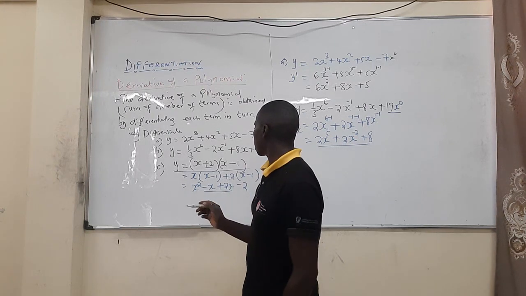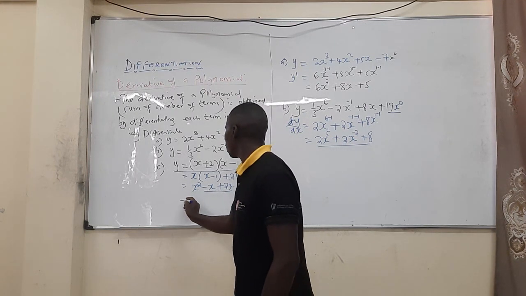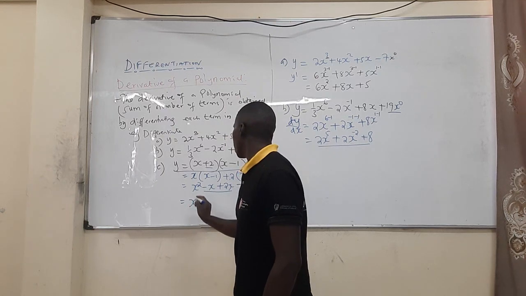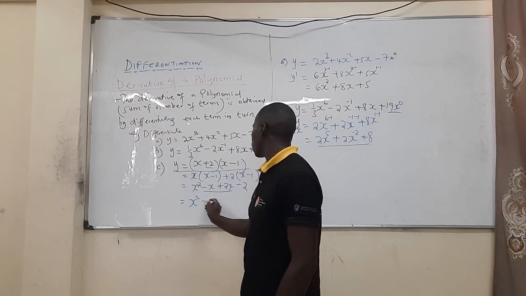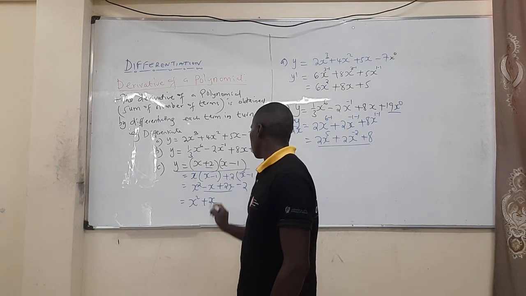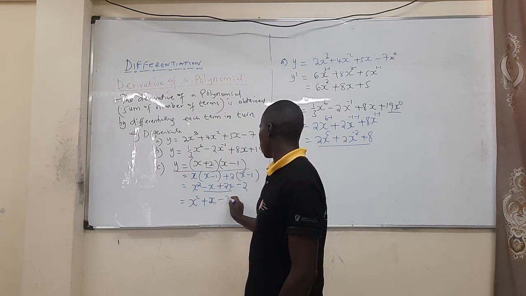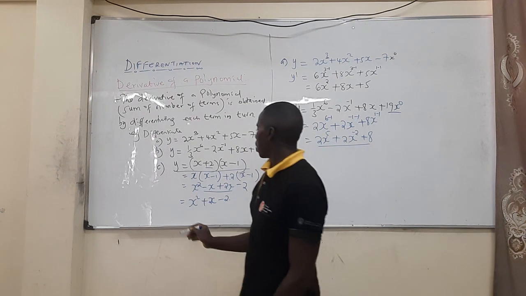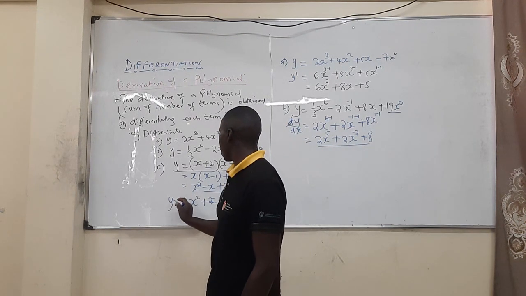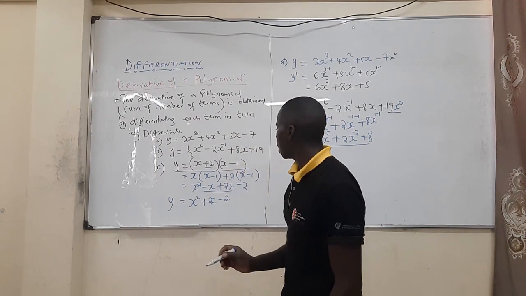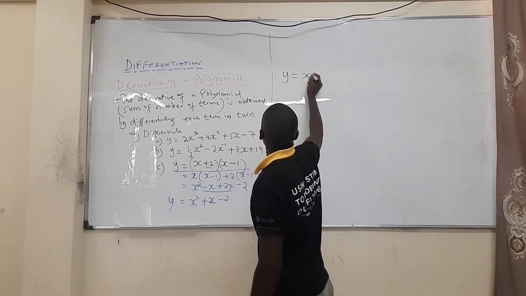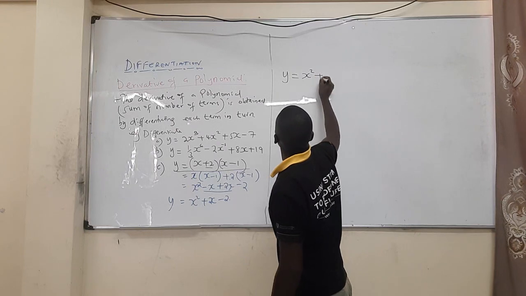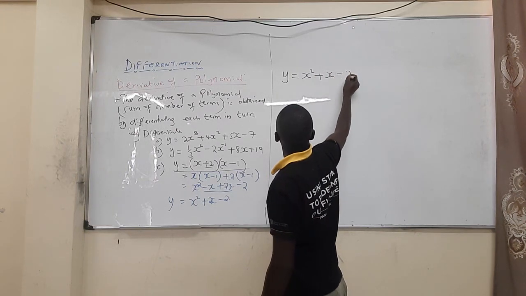So these are like terms, we add them, so you're going to have x squared minus x plus 2x, you're going to get positive x, and then minus 2. So now you're going to get the derivative of this one. We have the function as y is equals to x squared plus x minus 2.